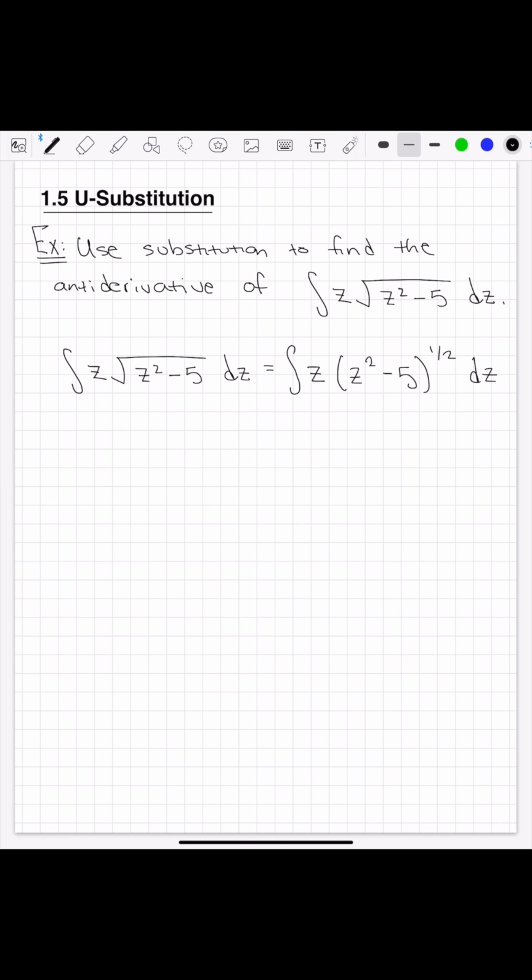Now, if we want to use U-substitution, the first step is to choose U. We want U to be plugged into another function, so the obvious choice here is z squared minus 5. So we let U equal z squared minus 5.